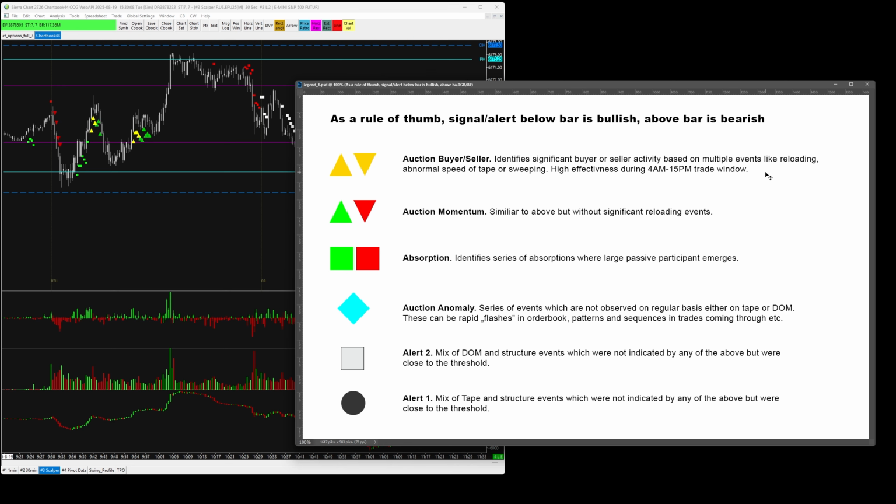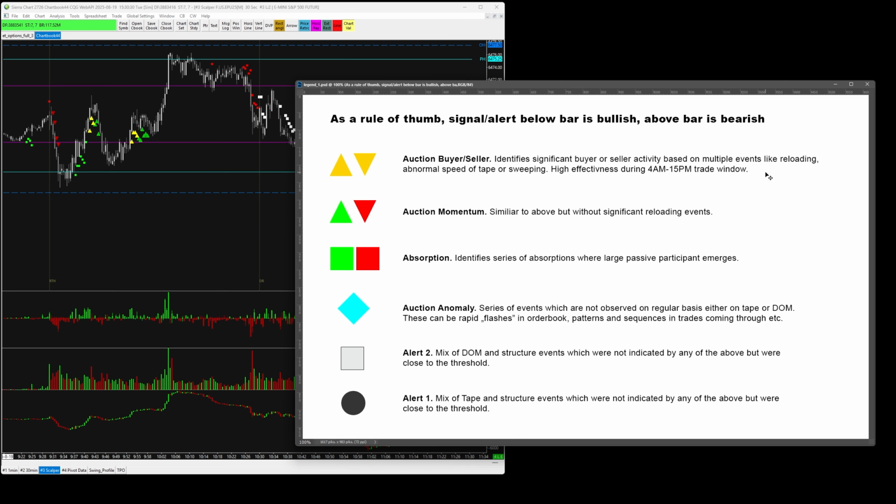So basically reloading is when there are bid or ask market orders hitting the offer, for example, and they just cannot eat it. It appears again and again and again. Someone is reloading orders.